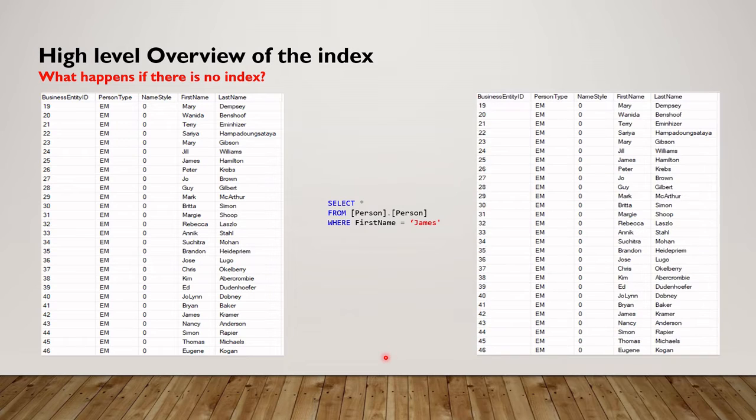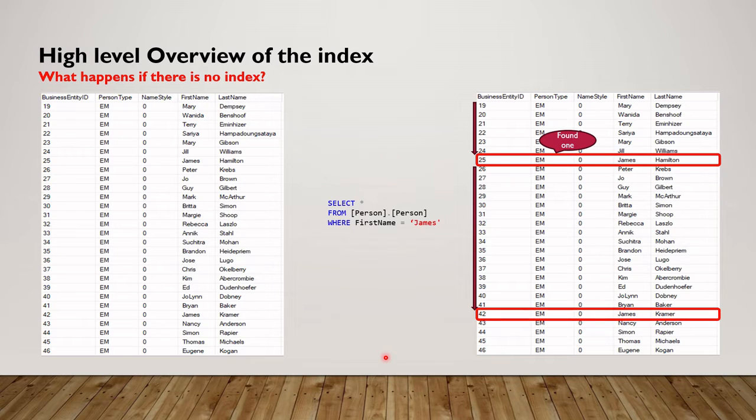For example, let's illustrate this process. SQL Server searches the data with first name until row 25, finds one value matching the query. Then the search will continue until row 42, then again with the same process until the end of the table. This process happens with every table without any index, and it is very time consuming.